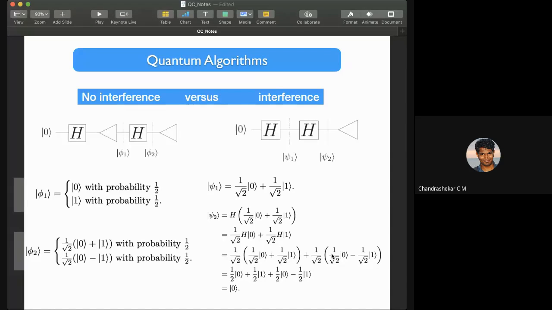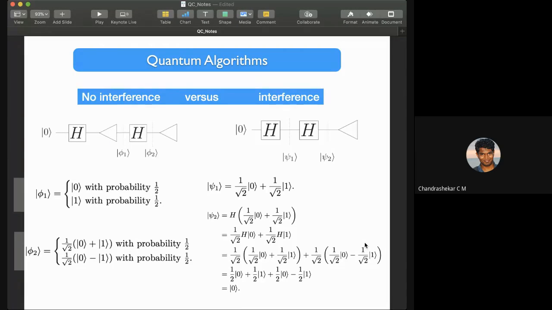So what will happen? You have this term and this term adding up. Then you have this term and this term cancelling with each other. So 1 by 2 of 1 and 1 by 2 of 1 cancel, and your output will be state 0. This is what we call destructive interference.